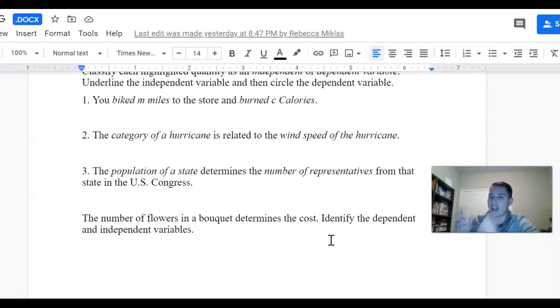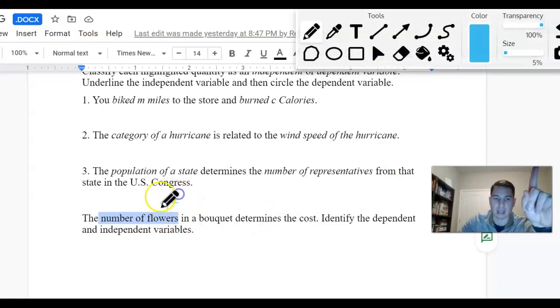Or do you pay for it and then go choose the items? It'd be nice if it was the second one. Okay? But what we do is we have to count the number of flowers first. That is what's coming first. So this is the independent variable. And then the result of the number of flowers is the cost, which is our dependent variable.